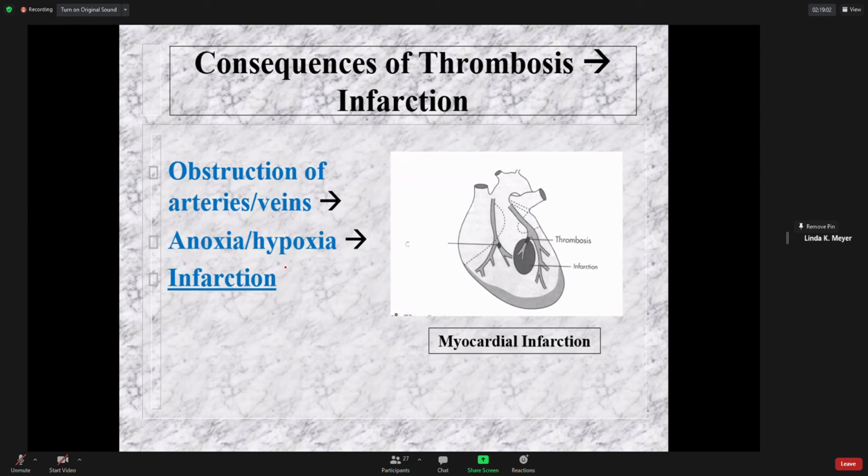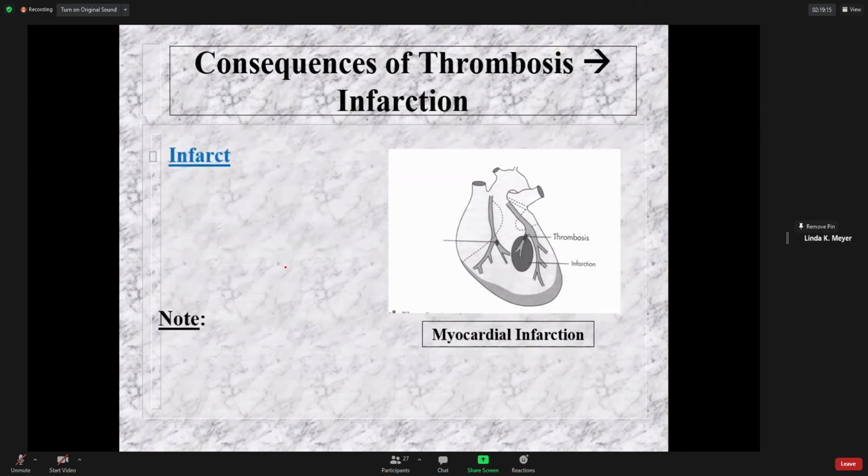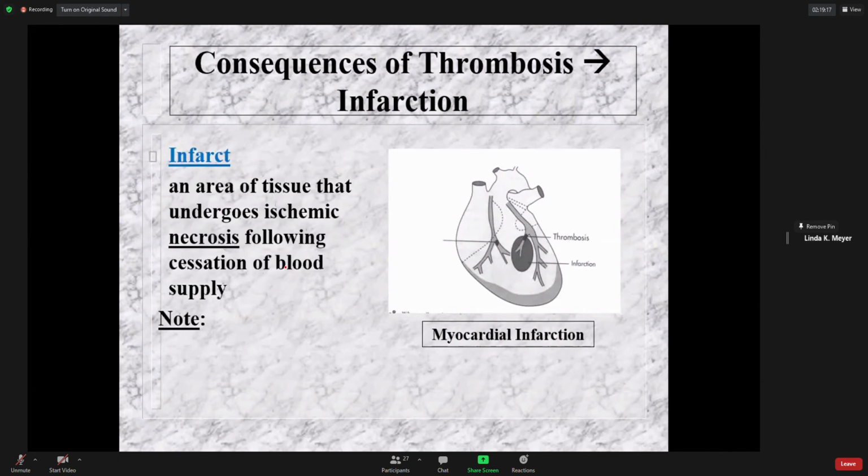And the infarction is the formation of an infarct. That's the process. So then what is an infarct? An infarct is an area that undergoes necrosis following cessation of a blood supply.